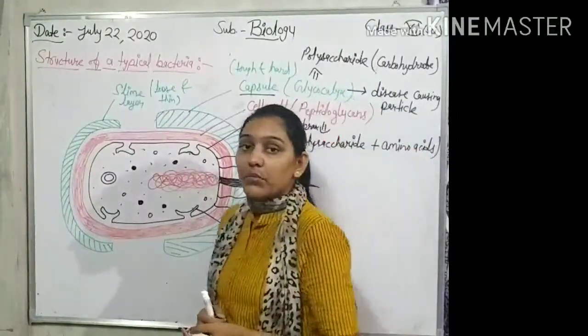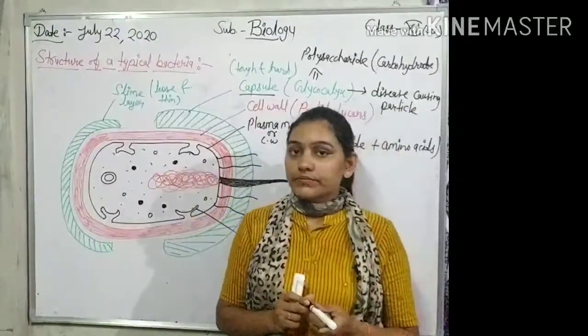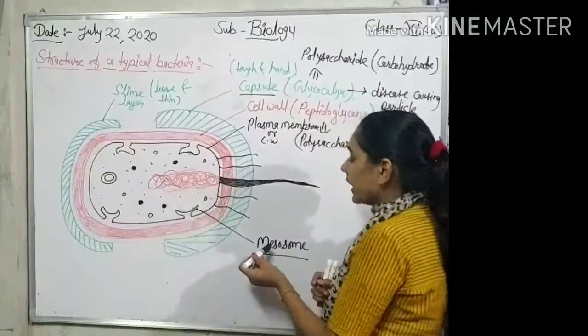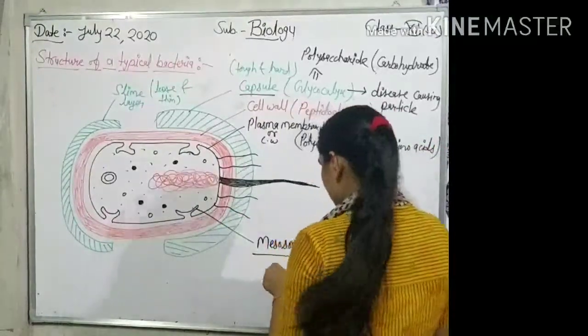In bacteria, the mitochondrial cell organelle is absent, so mesosome helps in respiration.